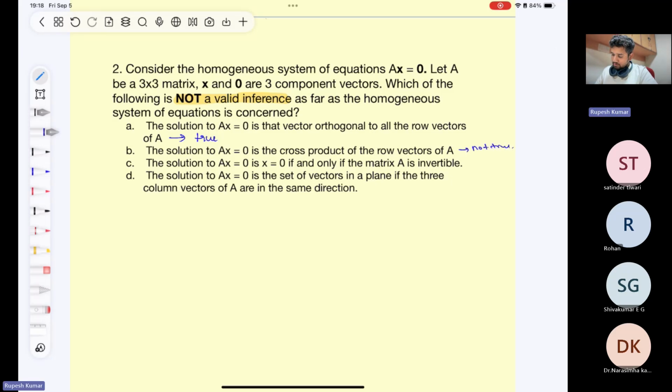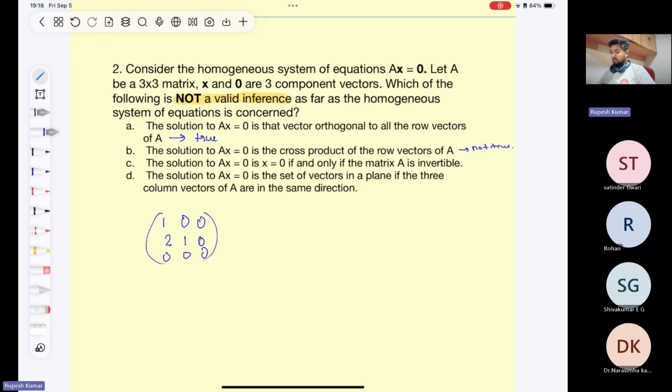So let's say you have vectors 1, 0, 0, 0, 1, 0, and 0, 0, 0. Oh, it's a very simple case. What can be the example? 1, 2, 0, 0, 1, 0, and 0, 0, 0.